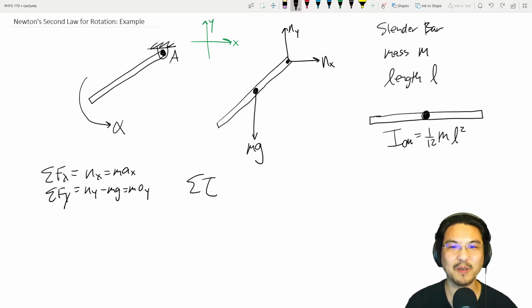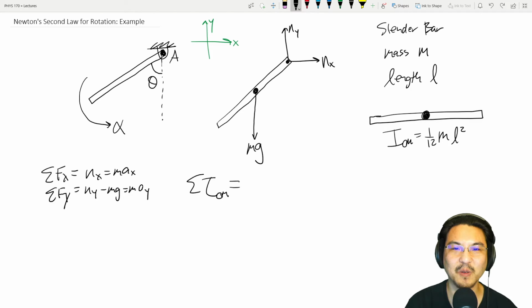Let's just practice. If you sum torque about the center of mass, here, then what do we do? I have to specify some angle over here. Let's just call this angle theta. So where is that in our picture? Over here, right?